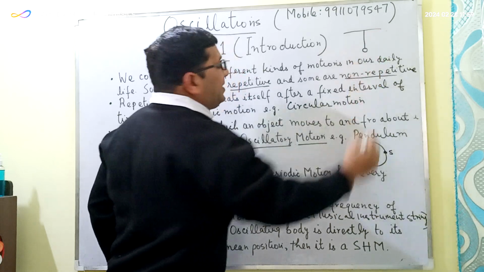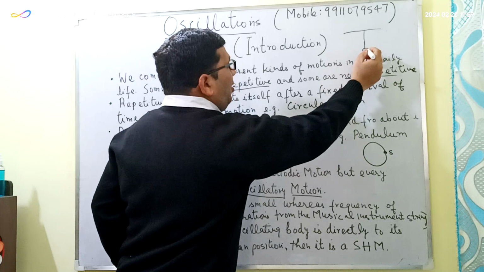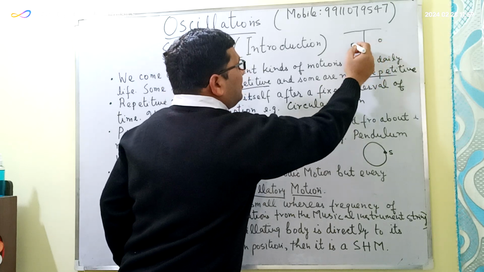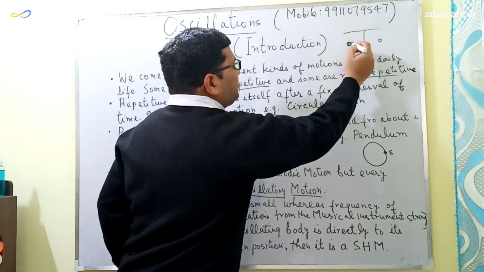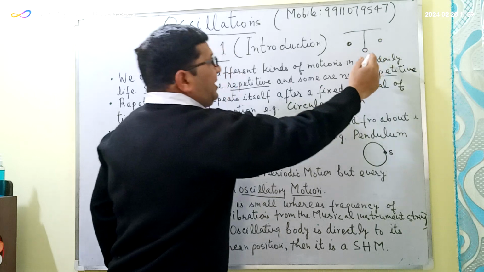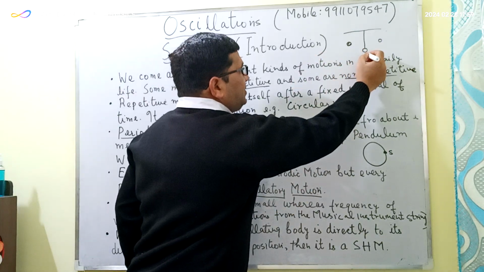Let us say this is the pendulum wall clock which we normally see in our homes and offices. This is the bob of this pendulum, and this pendulum keeps on moving. This bob keeps on moving to a certain height on both the ends about this mean position. Now this is the mean position.